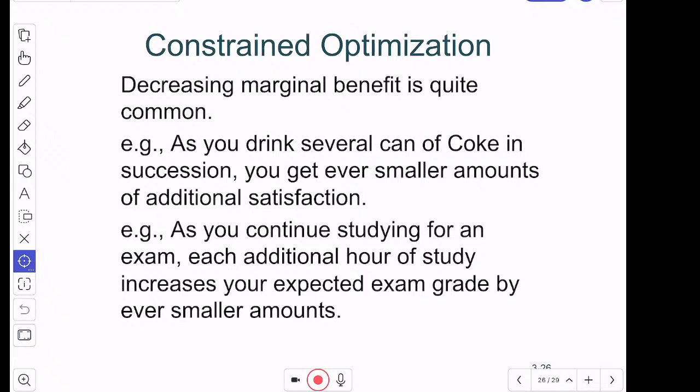The second bite could be equally as good, but as you keep going, the benefits decrease. You don't get that pleasure that you did in the initial bites you had. Similarly, as you drink several cans of Coke in succession, you get even smaller amounts of additional satisfaction. As you continue studying for an exam, each additional hour of studying increases your expected exam grade by even smaller amounts. These are examples of diminishing marginal returns.